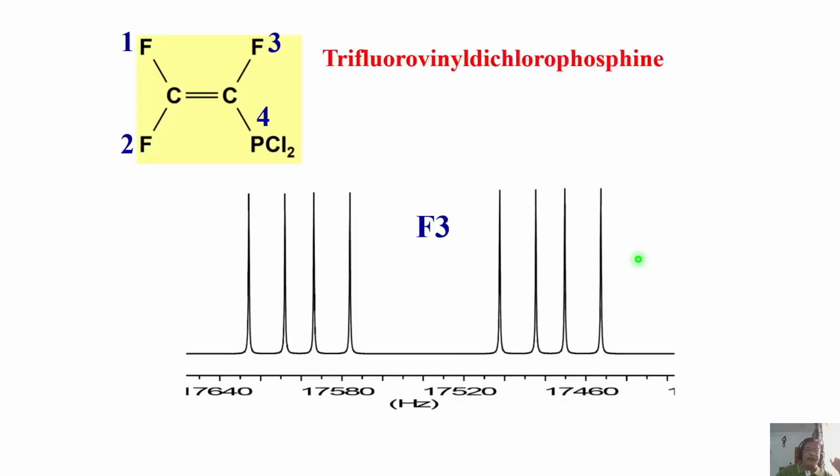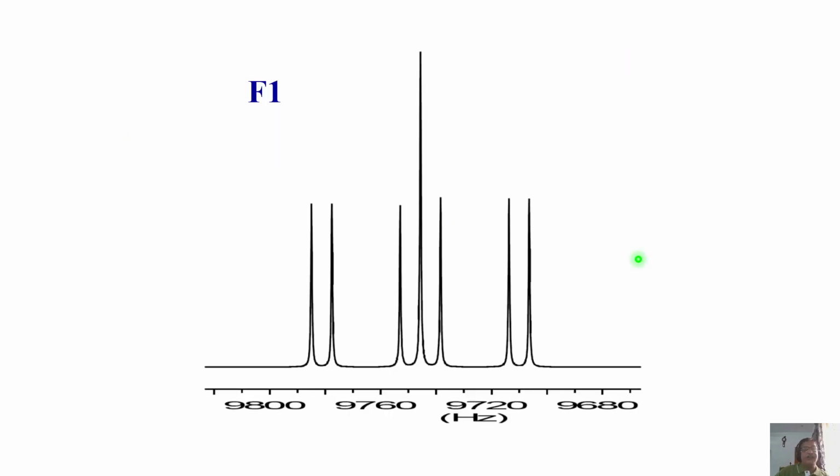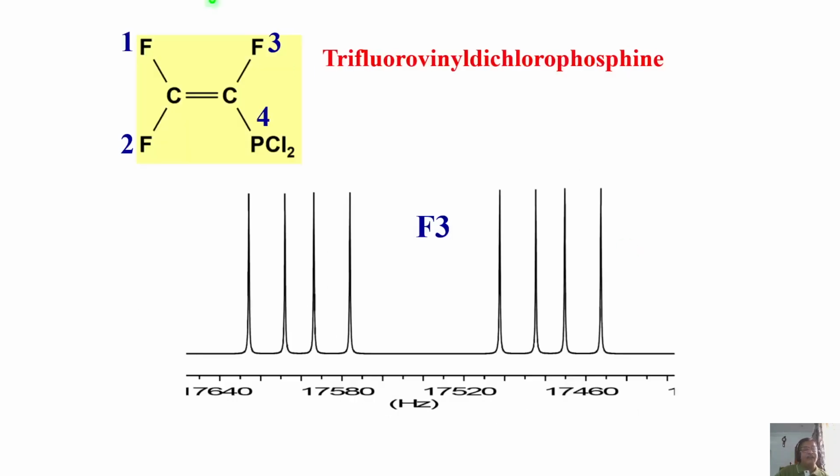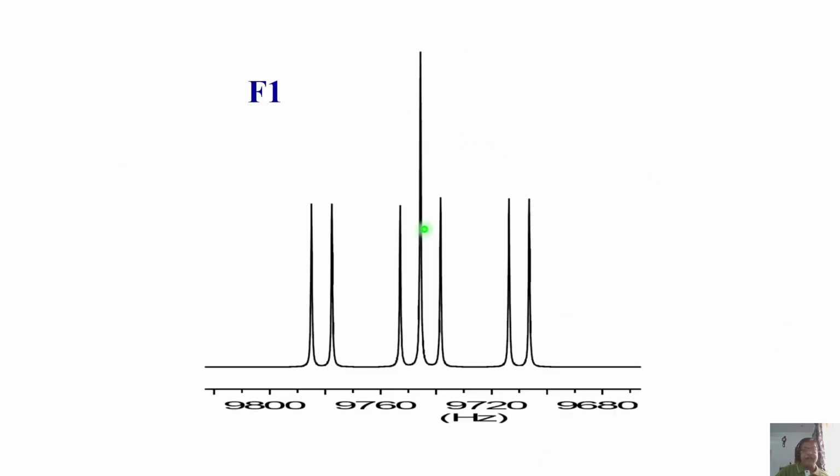Phosphorus I have to record in the phosphorus channel, I have not got the spectrum. But essentially what it tells you is that this heteronuclear spin system forms a perfectly weakly coupled AMX spin system. Very easily you can analyze, take the center of this, you get the chemical shift of this fluorine, and by separation you can get the coupling of this fluorine to these. Three couplings you can extract easily, taking this also into account.